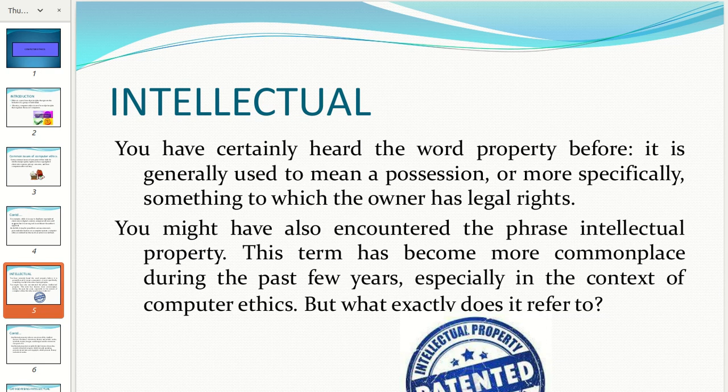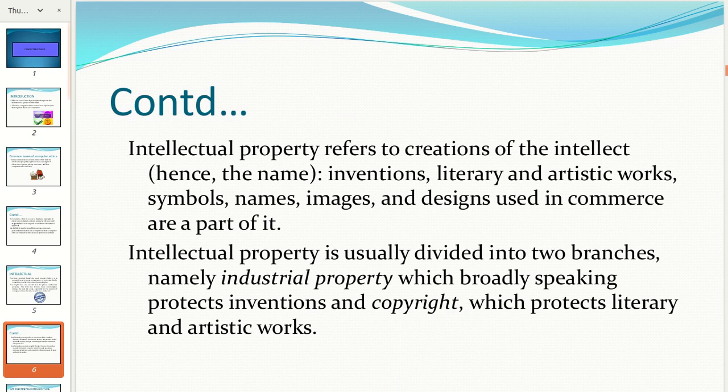And quite recently, this term has become more commonplace, especially over the past decade, especially in the context of computer ethics. So, what exactly does it refer to? Intellectual property refers to the creations of the intellect, that is the name, inventions, whether they are software, pieces of hardware, or an algorithm.